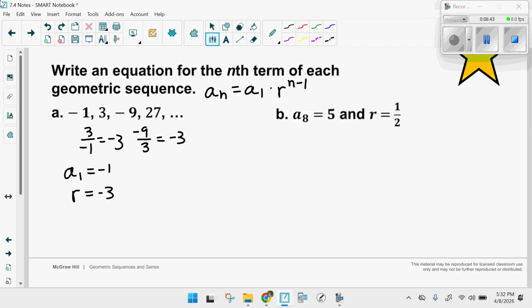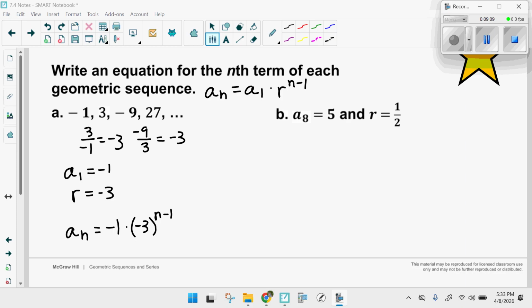And those are the 2 things that I'm going to need to be able to write an explicit form for the nth term value. So we're going to have a sub n equals a sub 1, which is -1, times our common multiplier, which is -3, raised to the exponent of n minus 1.